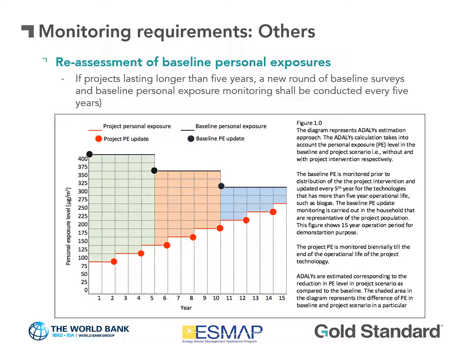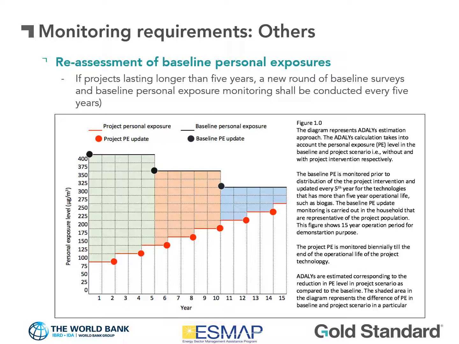The project personal exposure is monitored every 2 years, or biennially, until the end of the operational life of the project technology. ADALYs are estimated corresponding to the reduction in personal exposure level as a result of the project when compared to the baseline. The shaded area in the diagram represents the difference in personal exposure as a result of the project.